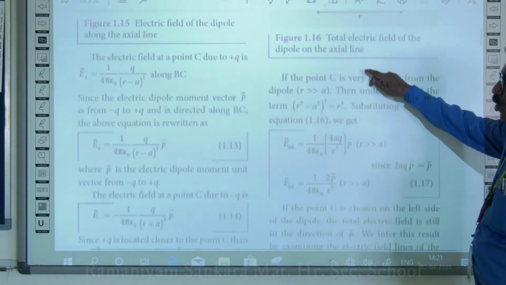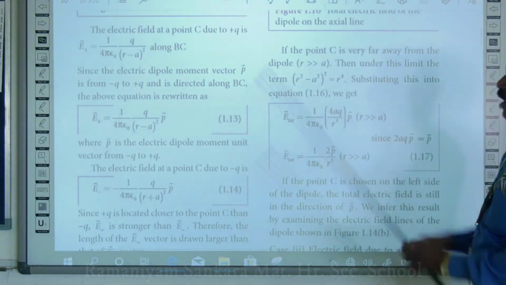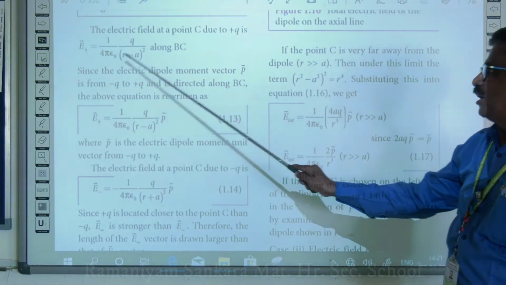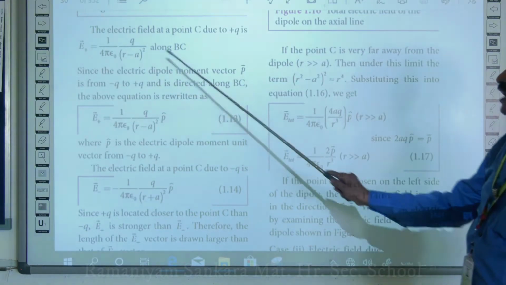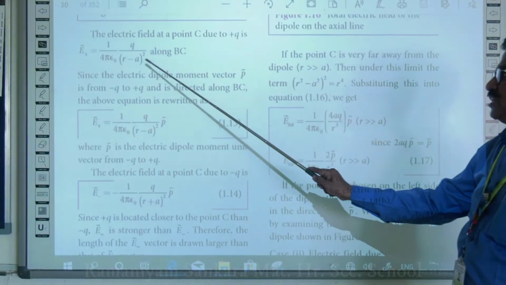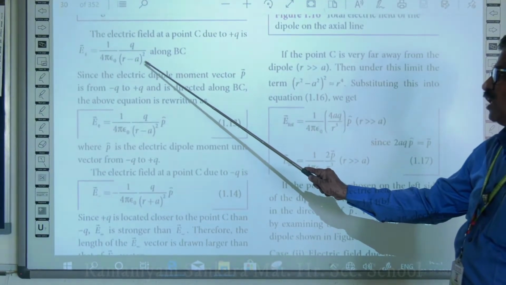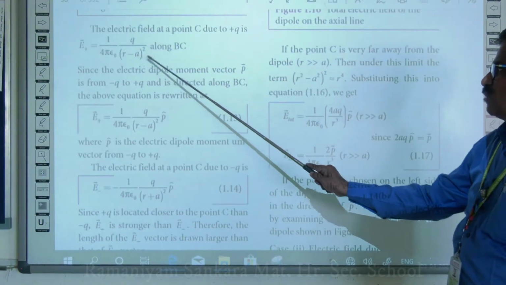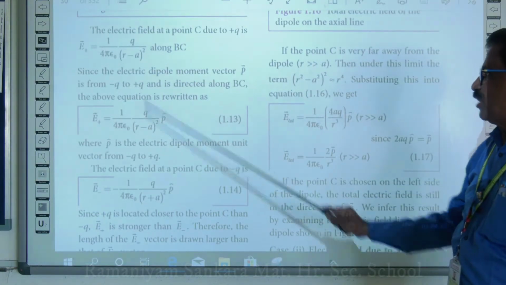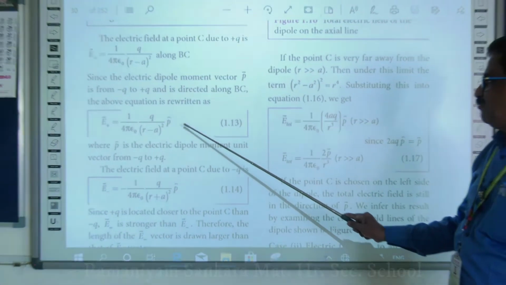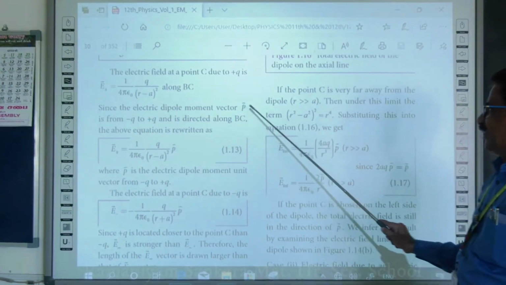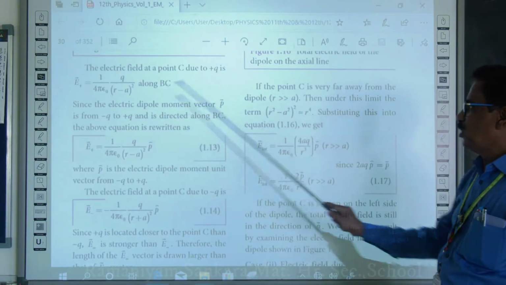This is very, very important. You have already memorized the electric field formula. What is the electric field formula? E vector equals k q by r squared. Here r is nothing but r minus a whole squared along BC. Total distance minus the smaller distance OA, that is r minus a whole squared. Similarly, for the electric field, you have to use P cap along the dipole moment vector P vector from minus q to plus q.